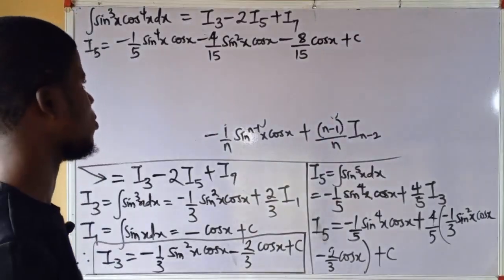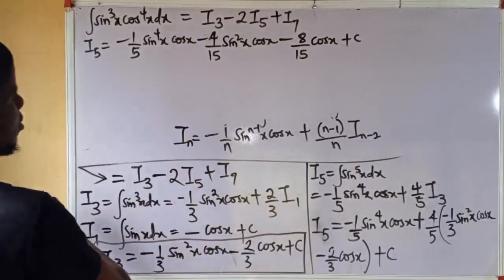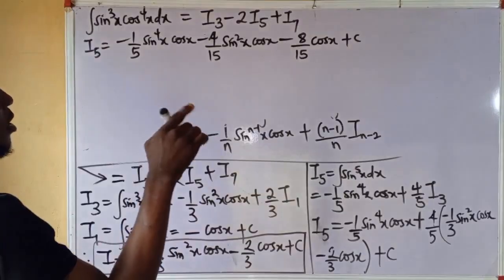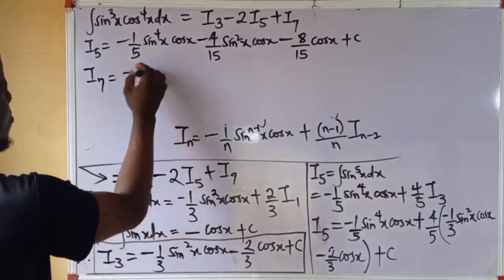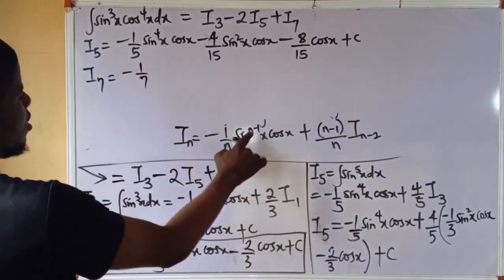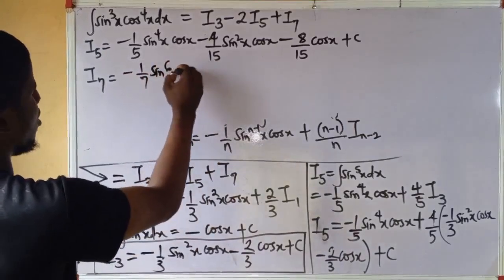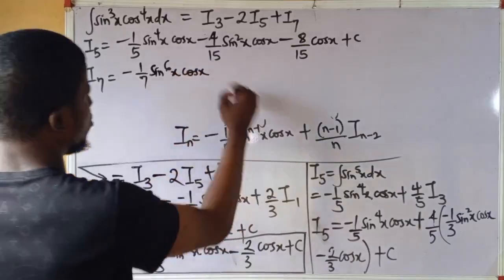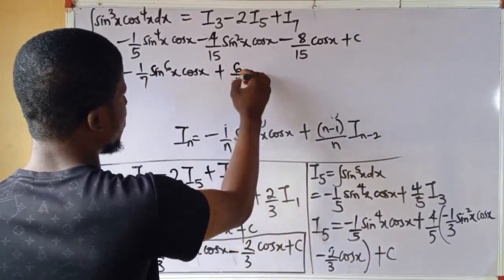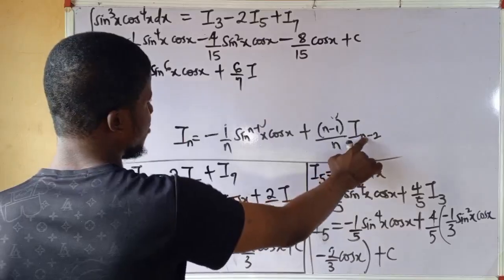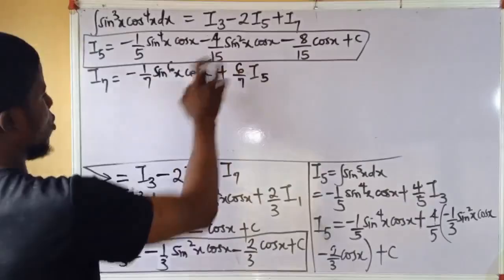Alright. So what will be I7? Remember, this is I sub n, that's for the integral of sine nx dx. So I7, using this same reduction formula, will be minus 1 over 7 sine 6x cos x, 7 minus 1 is 6, plus 7 minus 1, that's 6 over 7, I sub 5. 7 minus 2 is 5. So we've gotten I5 already, right?